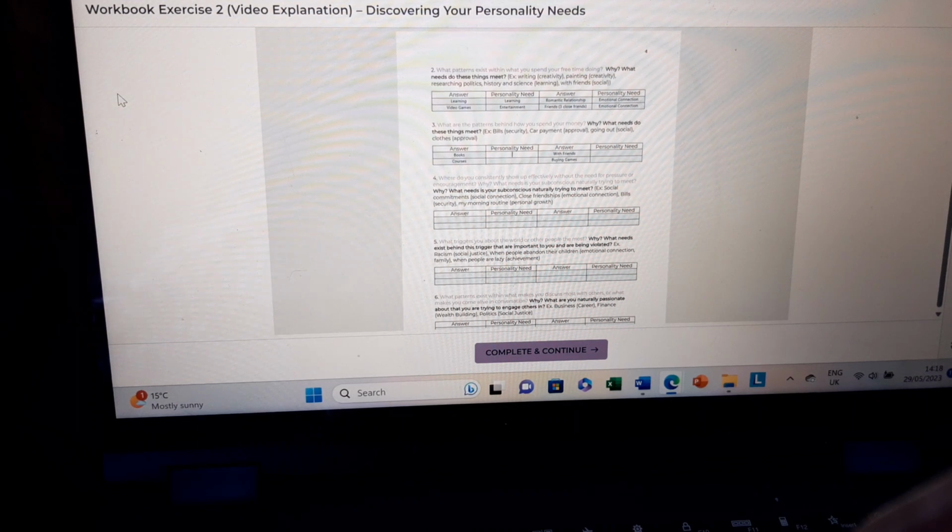So then I would look: books, courses, what personality needs? Oh, learning. See how there are patterns starting to emerge? Courses, learning again. Out with friends, why? Because I like spending my time out with friends. It gives me emotional connection. Games, what does that give me? Entertainment and fun.